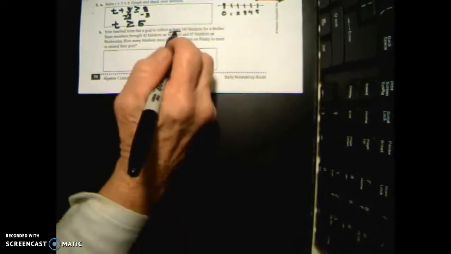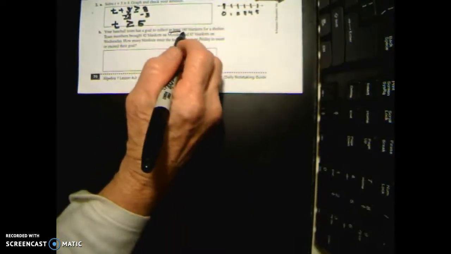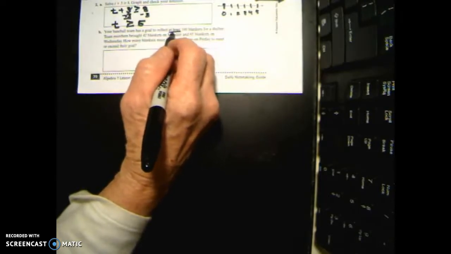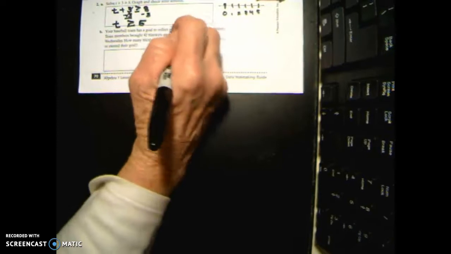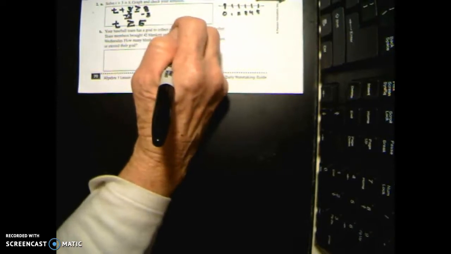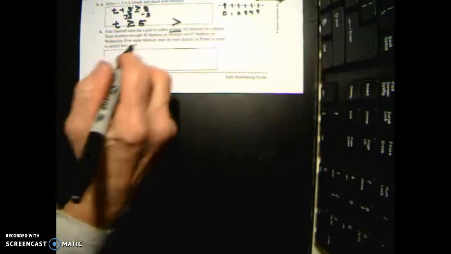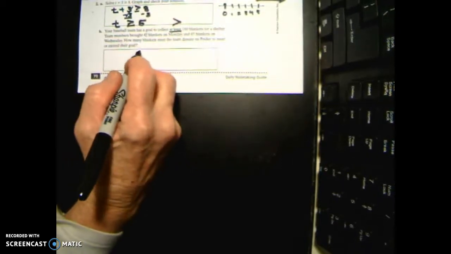B, the very last one. Your team has a goal to collect at least 161. Anytime you see in a problem the word at least, you know you're going to get an inequality. So they have to collect at least 161. They cannot collect 160. So at least is going to say it has to be greater than 160. So I'm going to add up what we have.